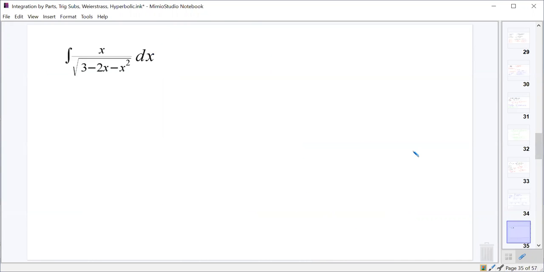All right, let's take a look at this one, which we should be able to do in a very similar manner. Any thoughts on that? What are we going to do with it?